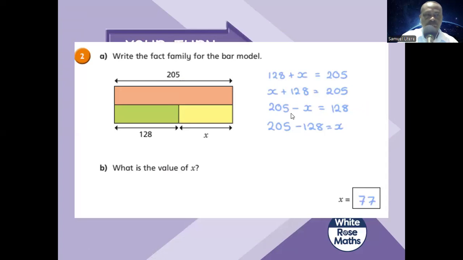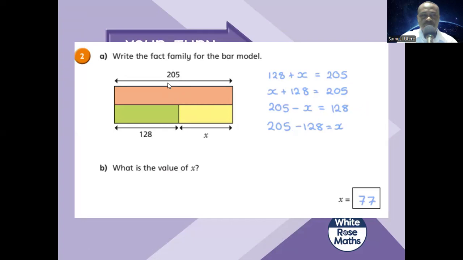Question 2, you were asked to write the fact family for the bar model. Again, this is the basic one. 205 is that plus that. And then you can do the commutative one, which is swapping it around. And then you can do the slicing off bit.